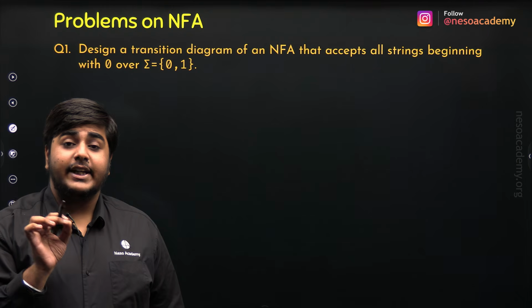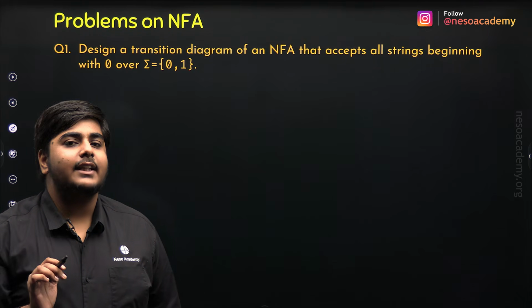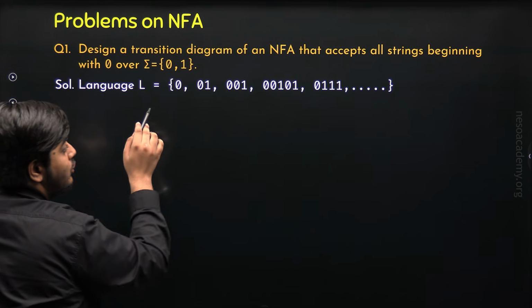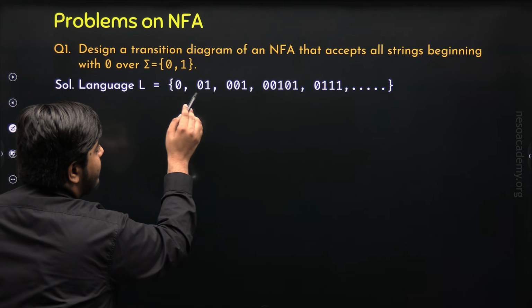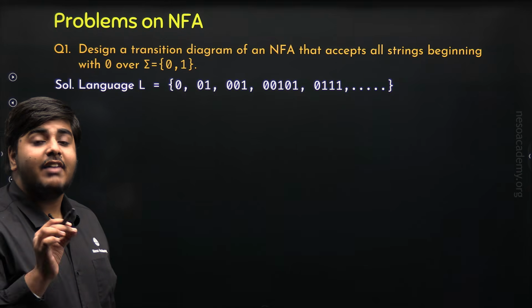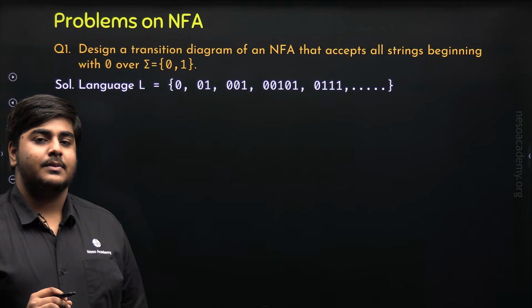So your NFA should accept all the strings that are starting with 0. Let's see the language. Here you can see our language L contains all the strings beginning with the symbol 0. That means these all strings are valid strings, and our NFA should accept these valid strings.